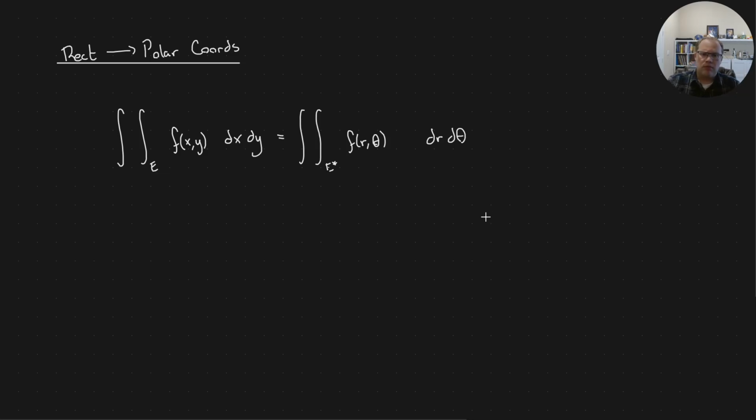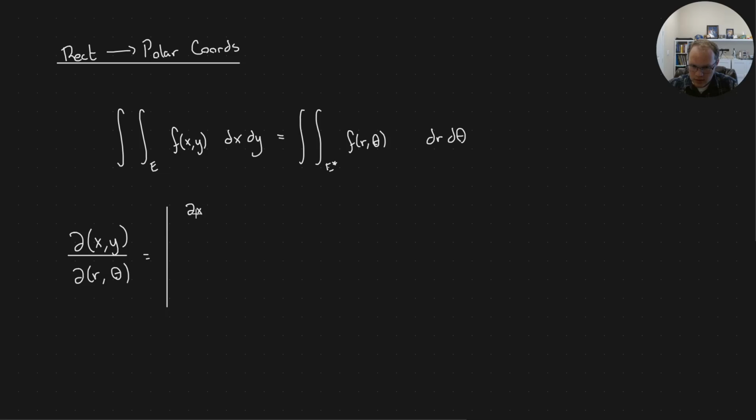Now, we've already covered making the switch to polar coordinates, so we know what the Jacobian determinant should be. It should be r, right? Let's confirm that, though. So my Jacobian determinant here, I need the partial derivatives of x and y with respect to r and theta.